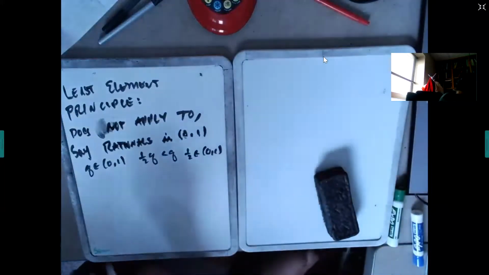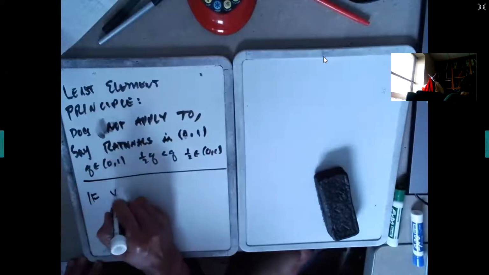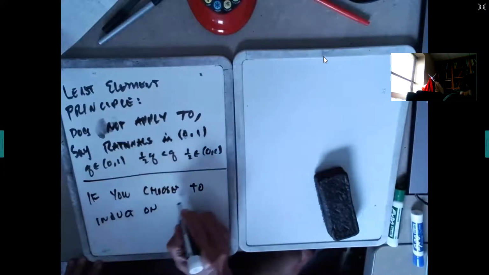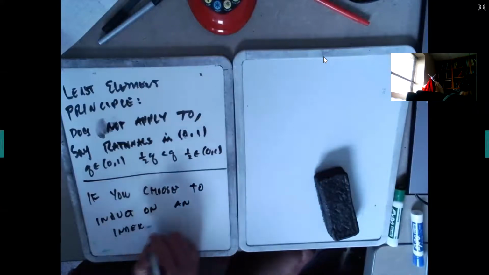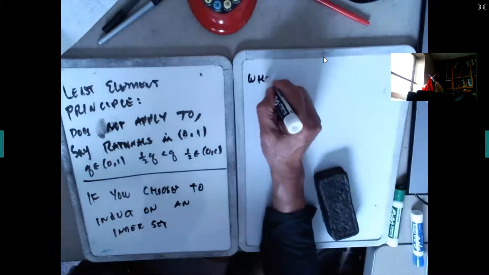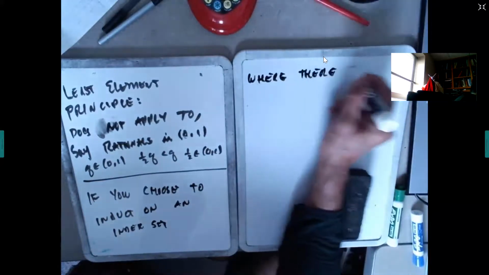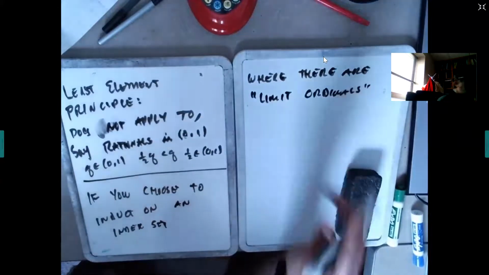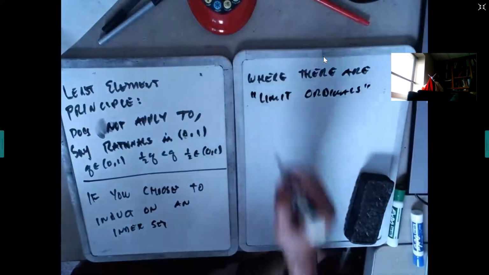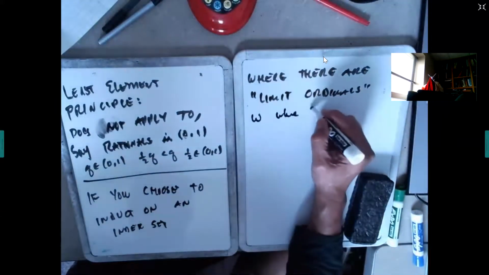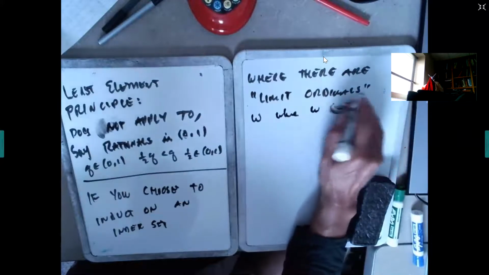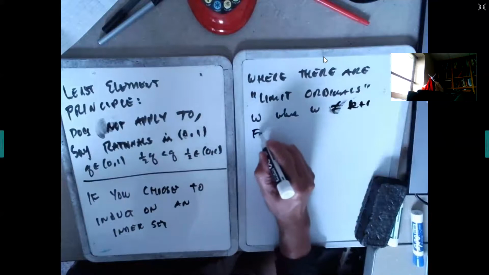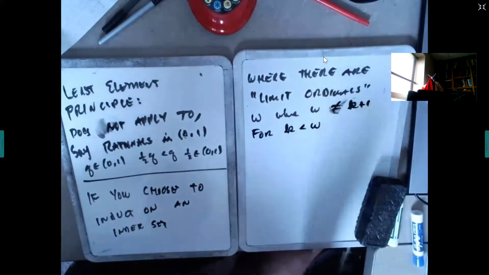That's the first thing. The second thing is that if you choose to induct on, let's say, an index set where there are limit ordinals, and what I mean by a limit ordinal is an ordinal omega where omega is not equal to k plus 1 for some k less than omega.